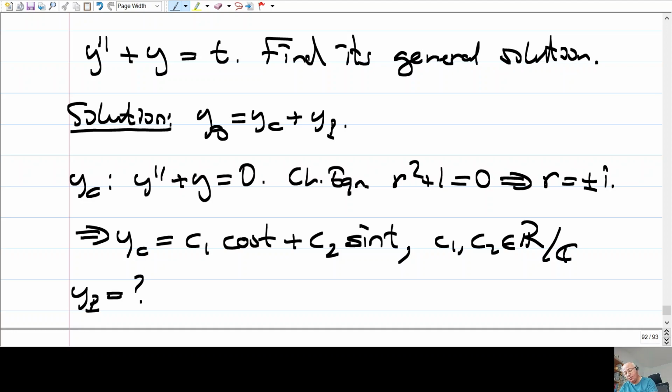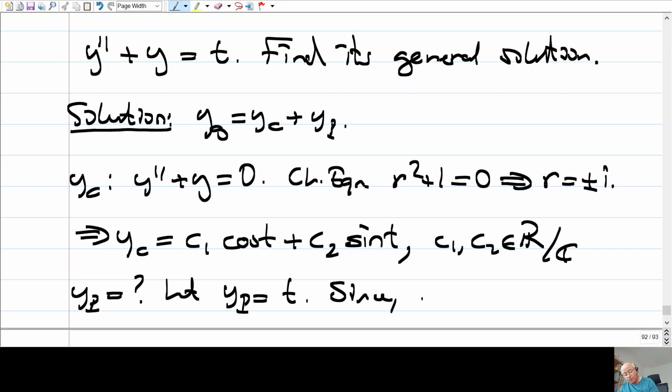But I picked this equation so that one of its solutions is readily seen. What's that? Well, just let yp be t. Then when you plug it here, the second derivative of this is 0. So y equals t is a particular solution of this, right?